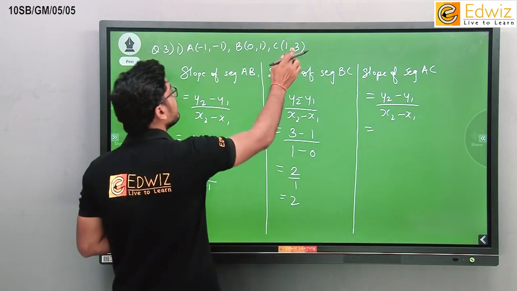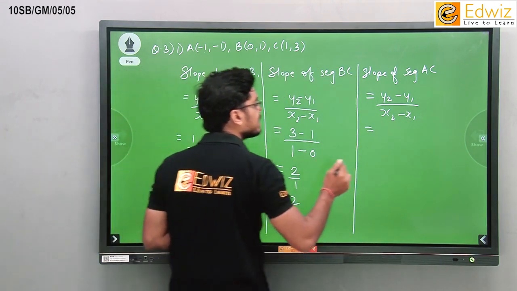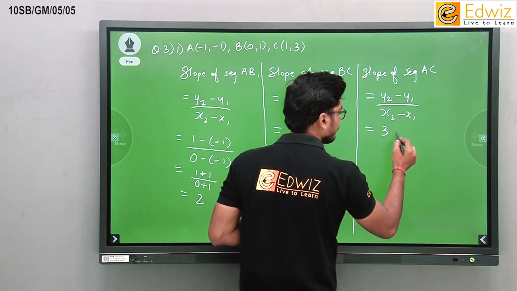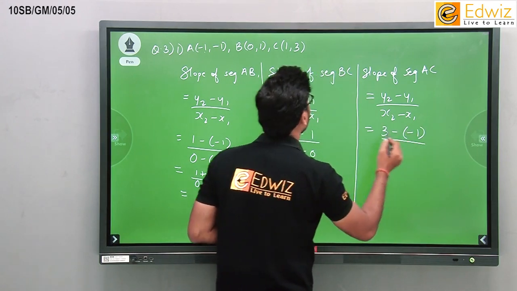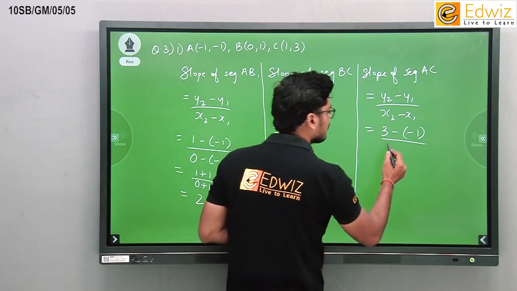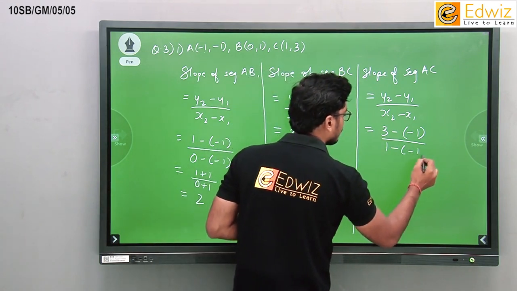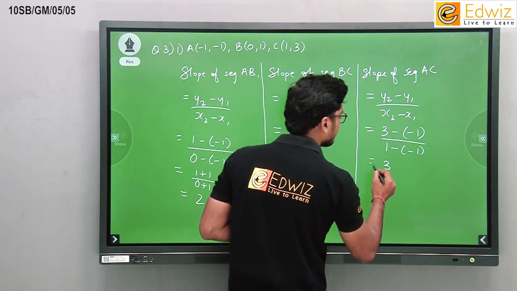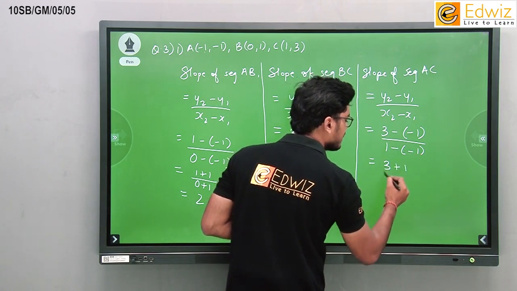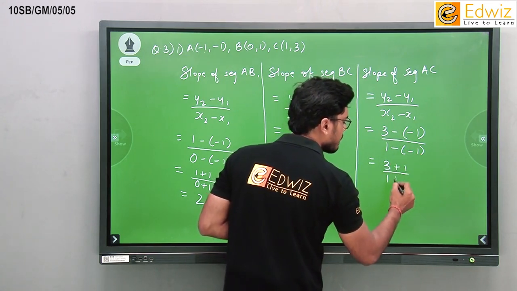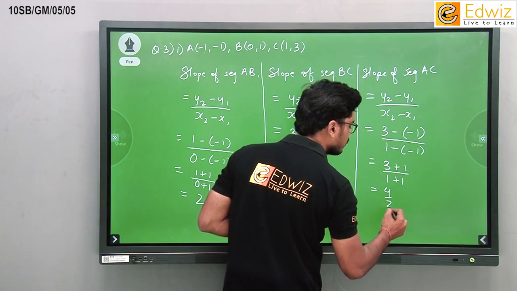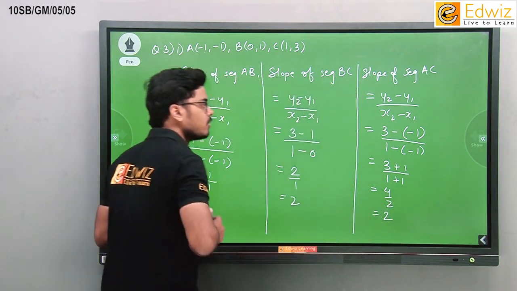So this time y2 is 3 and y1 is minus 1. So 3 minus minus 1 divided by 1 minus minus 1. So we are getting 3 plus 1 divided by 1 plus 1, 4 divided by 2. The answer is still the same, 2.